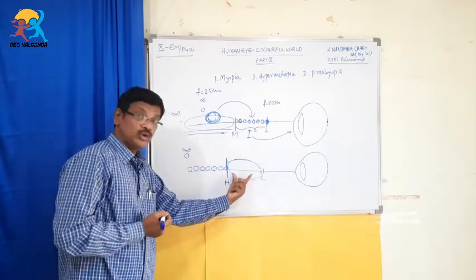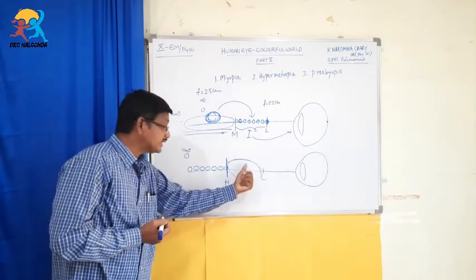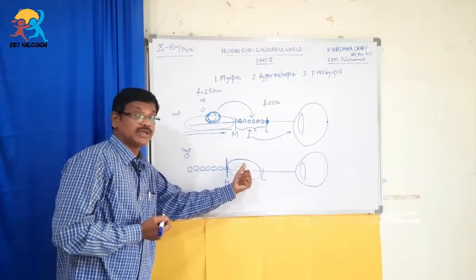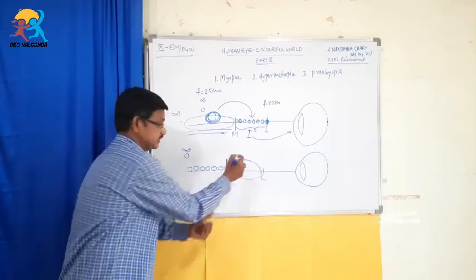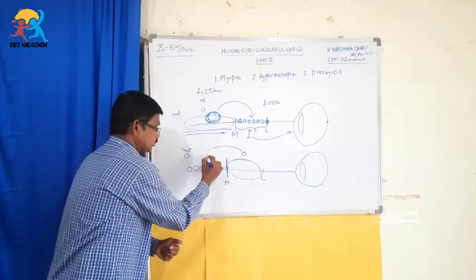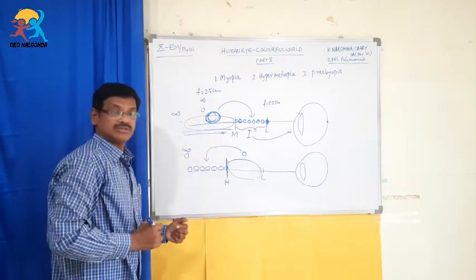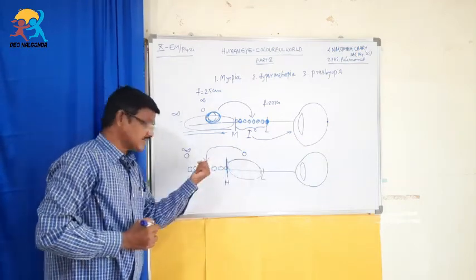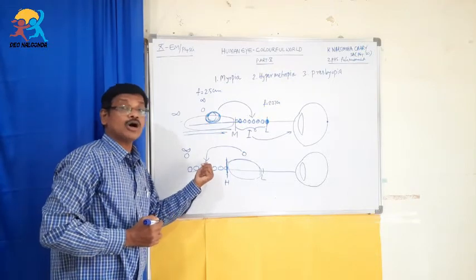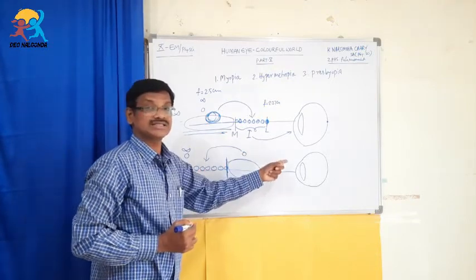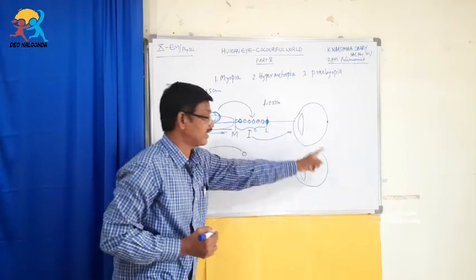So what we do is we try to bring the image of the object in this region to come in this region. The image that comes in the region acts as an object to the eye lens, and its image is formed on the retina.